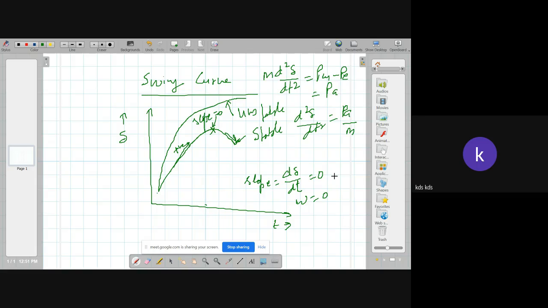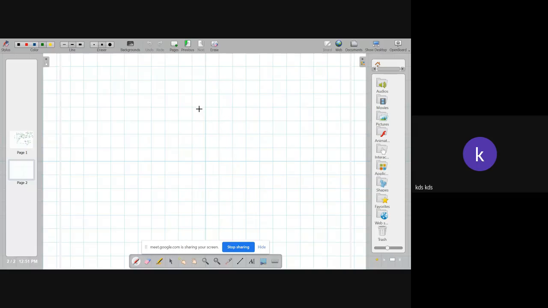And this condition is also used for a criteria. That criteria we will discuss in some next class. That criteria is known as equal area criteria. So in equal area criteria, we make use of the condition d delta by dt is equal to 0, and we draw the two areas.